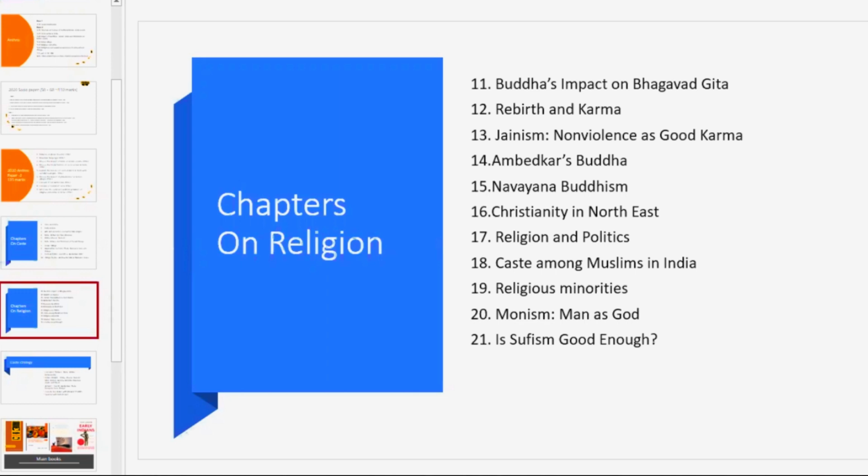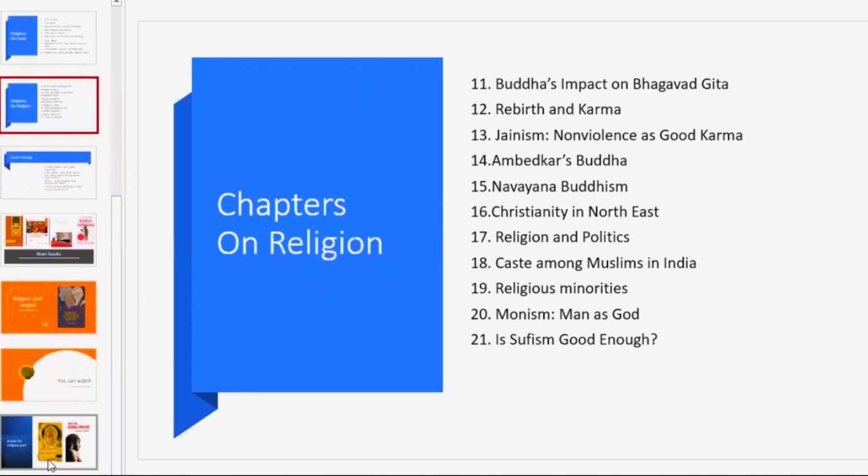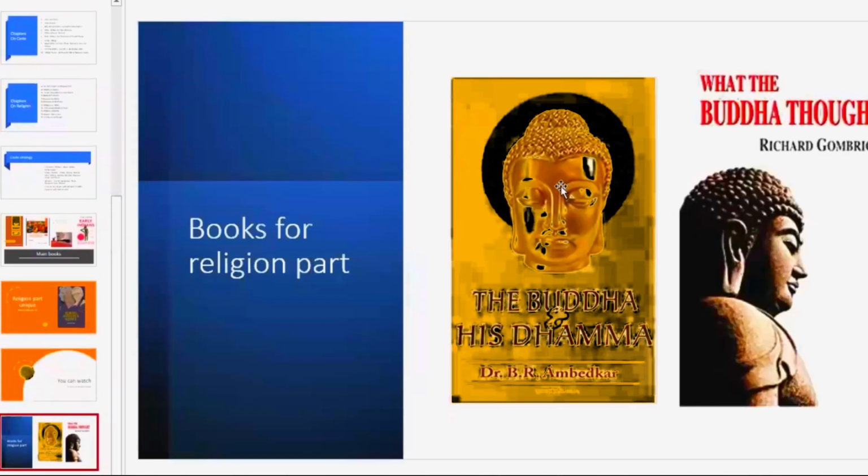And how are they related to the caste system? So I would say these are very insightful. And some of the new books that I followed, Ambedkar's Buddha and his Dharma, and What the Buddha Thought, are the books that I used in writing this book.